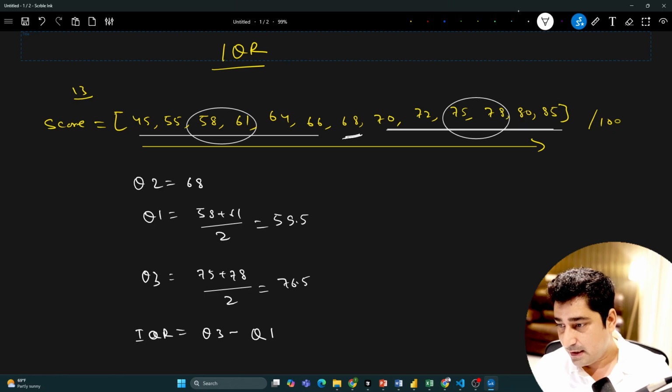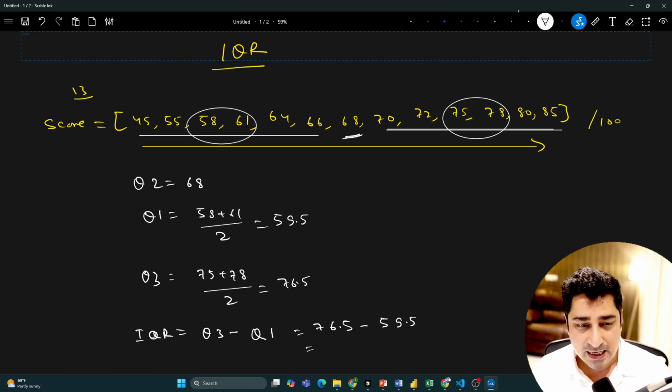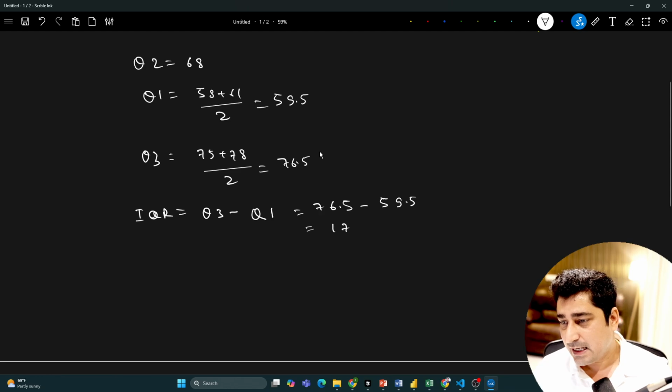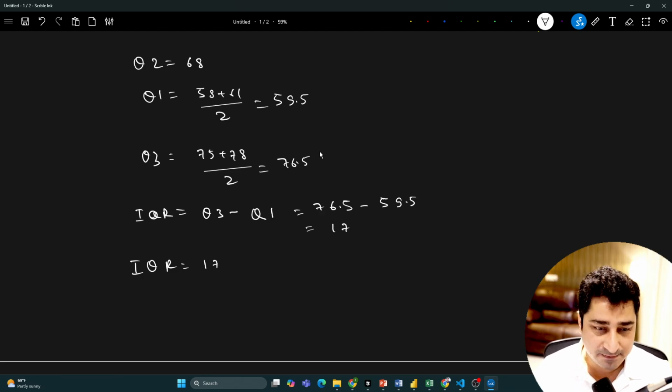Our Q3 is 76.5, and Q1 is 59.5. If I do the calculation here, it is going to be 17. So I can say that my IQR is 17.